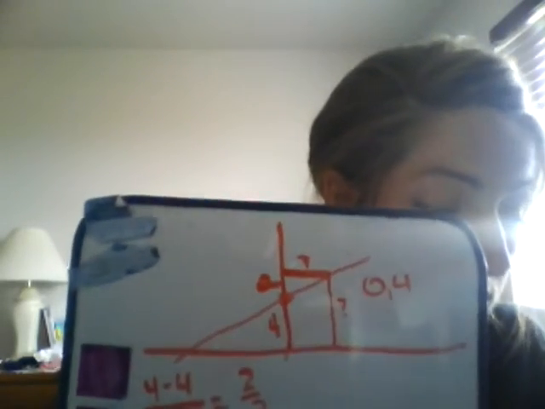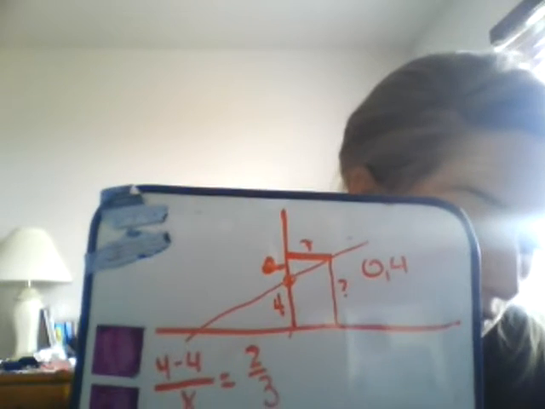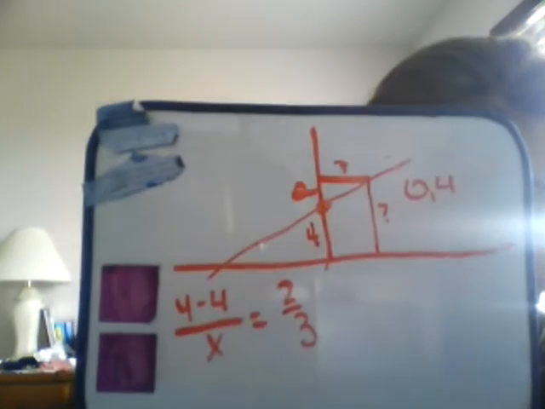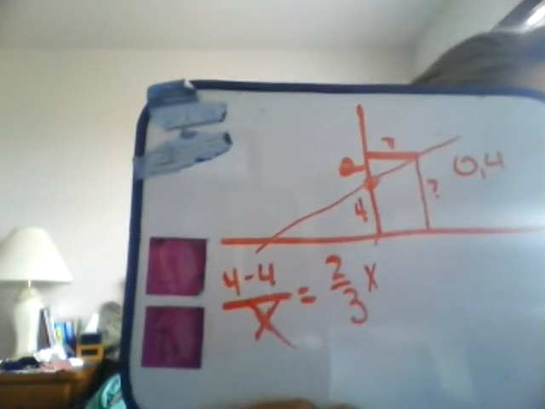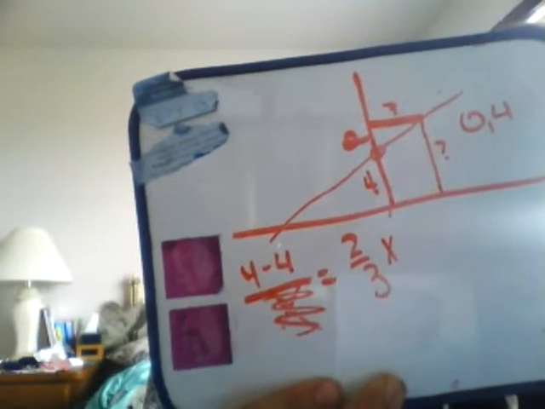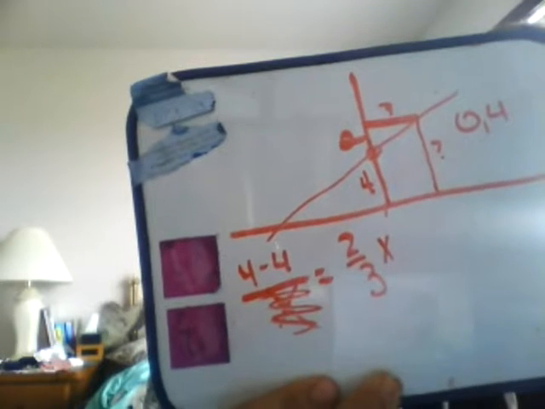So now we want to multiply by x and add 4 to both sides to get the x out of the bottom and have a workable equation. If we multiply by x, that gets rid of that on the bottom. We got rid of the x, so we have y minus 4 equals 2/3 x.